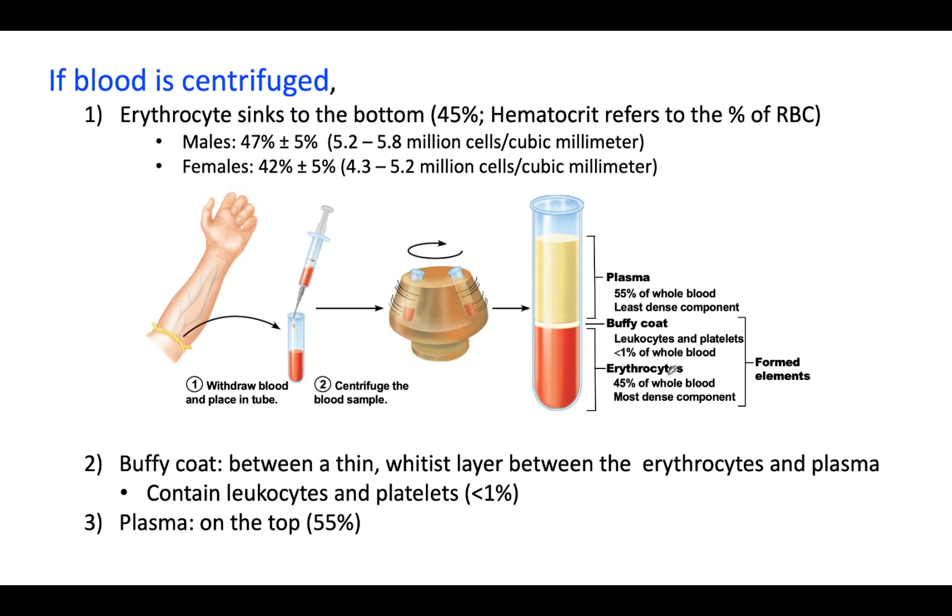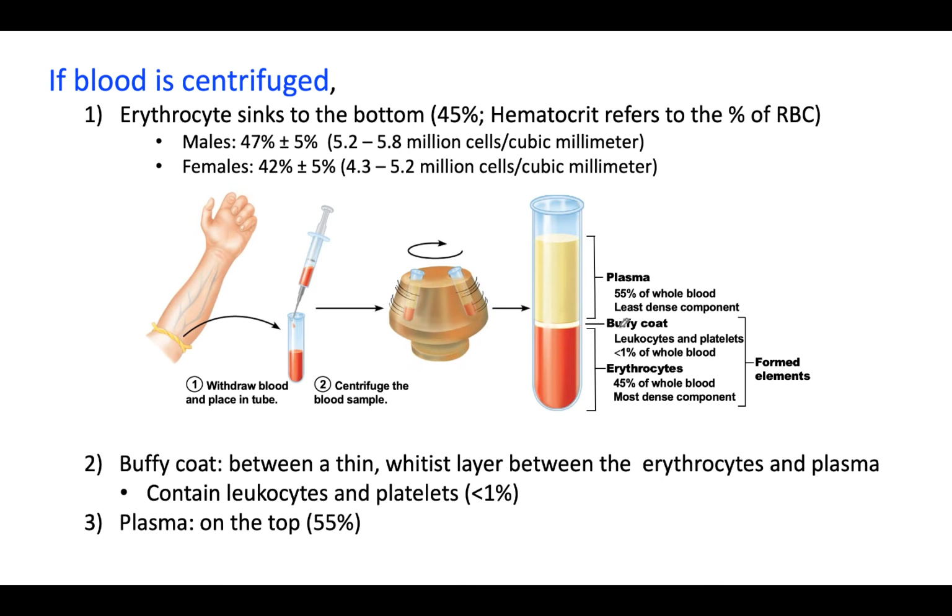So you can see here formed elements on the bottom of the tube, and at the top portion of the tube you can see the liquid portion of blood, plasma. When you look at this bottom portion, the reddish mass at the bottom of the tube are erythrocytes. Between erythrocytes and plasma, there is a thin whitish layer.